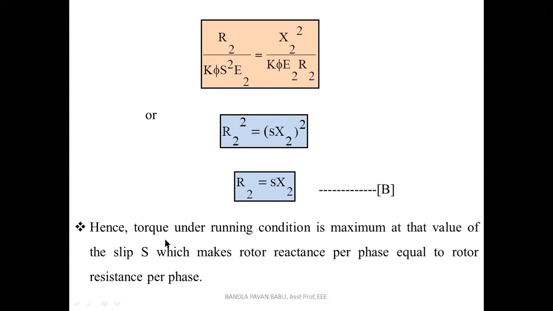Hence the torque under running condition is maximum at that value of slip which makes the rotor reactance per phase equal to the rotor resistance per phase. Obviously the resistance per phase equals slip times the reactance per phase. This is our aim of the topic in the running conditions.